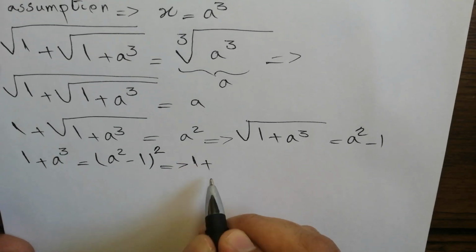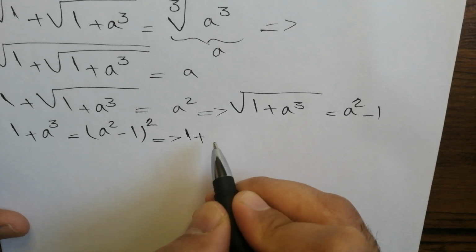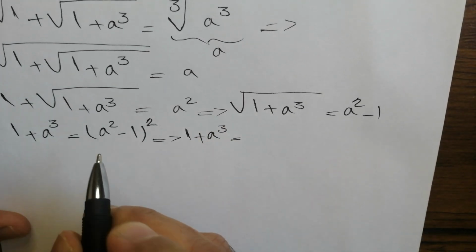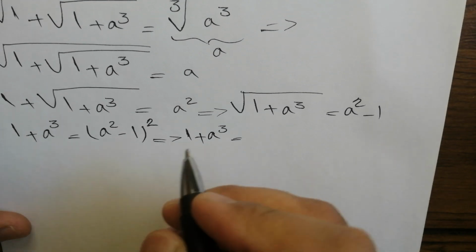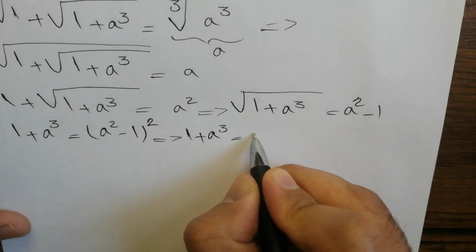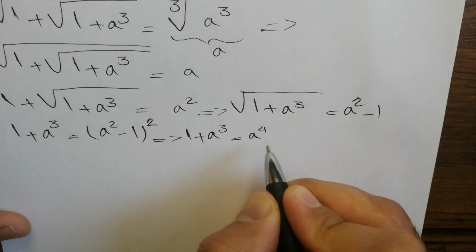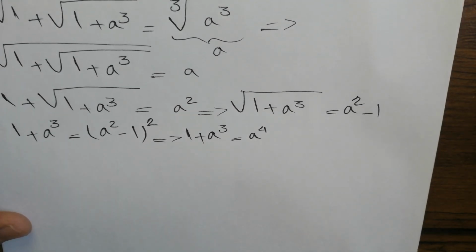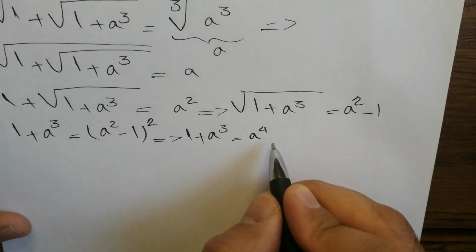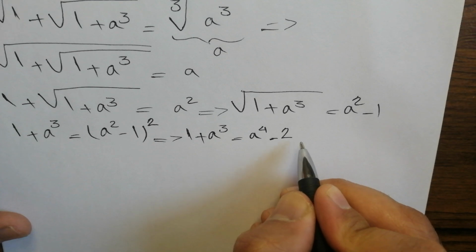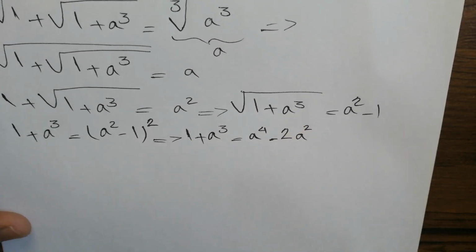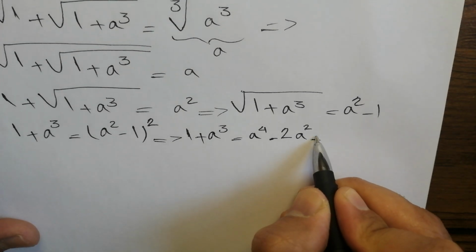So 1 plus a cubed equals, and this is a famous identity, so we can write it as a to the power of 4 minus 2a squared, and then the last term is plus 1.